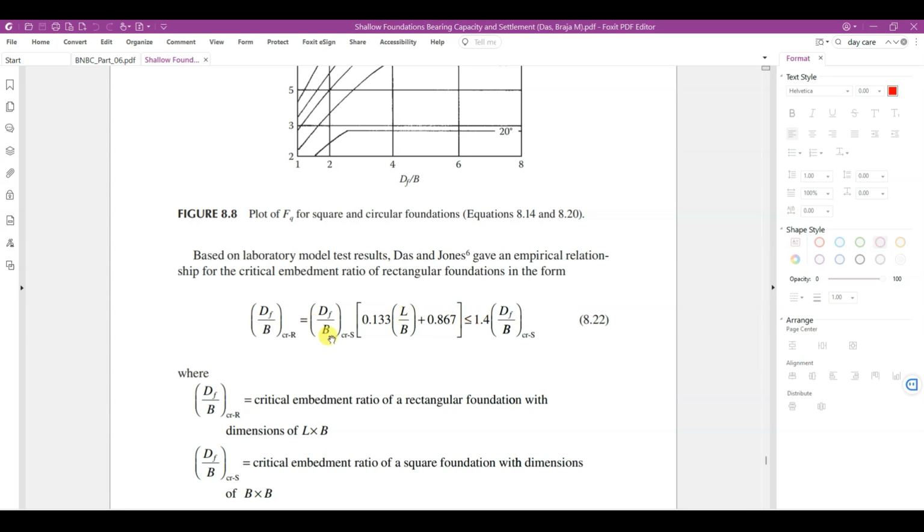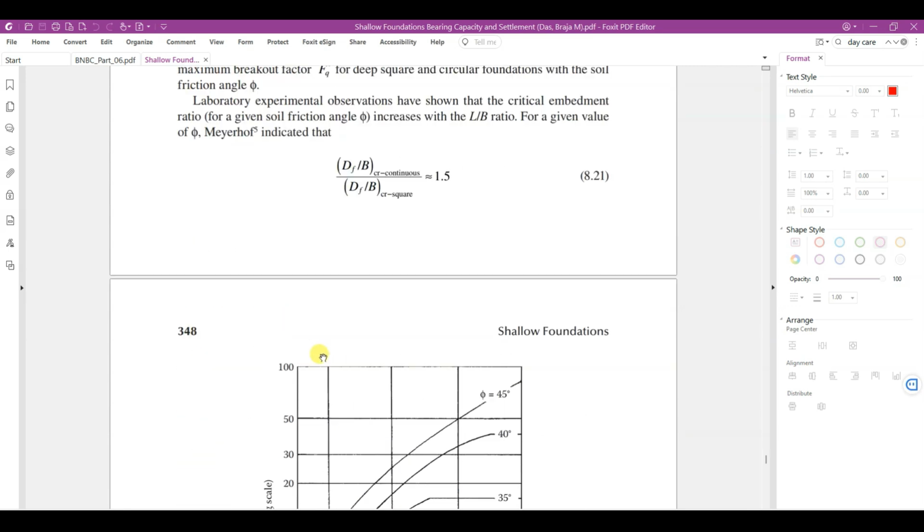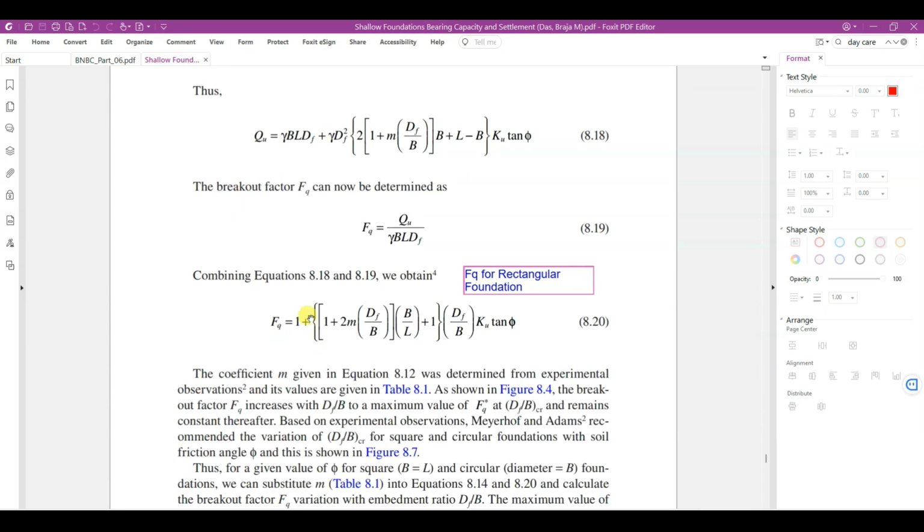Then we will put this Df over B CR into this formula to get the maximum permissible FQ, since we have demonstrated to you that the maximum depth over B ratio, which is actually working to give you the benefit in friction capacity, is up to this certain Df over B CR.